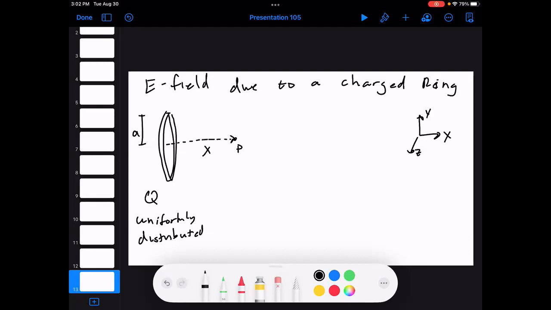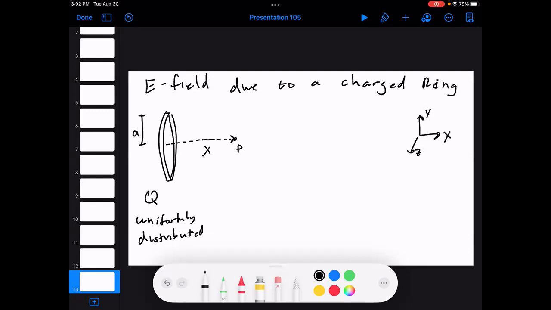What about the Z direction, coming out of the board towards you or going into the board? Do we expect to see an electric field in that direction? They absolutely do cancel out too. So that means the only thing we expect to see is an electric field in the X direction. All our Y and Z components we expect to cancel out and then just have an X component left over.